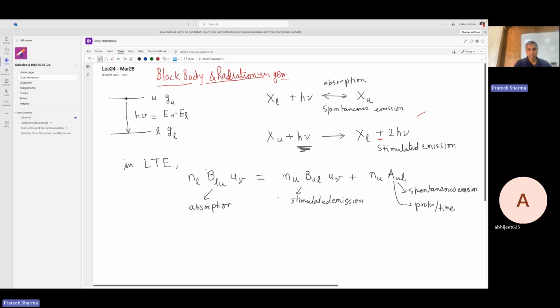So using this equation, you can write U_nu in LTE. This equation holds in LTE.